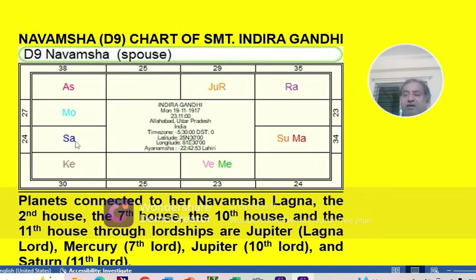I am teaching astrology. If I conceal the simple way of learning astrology, how will people learn astrology from me? So I am not concealing here. I am making it easy.